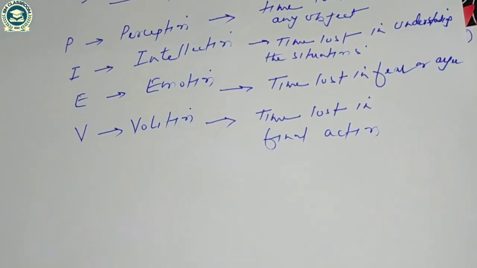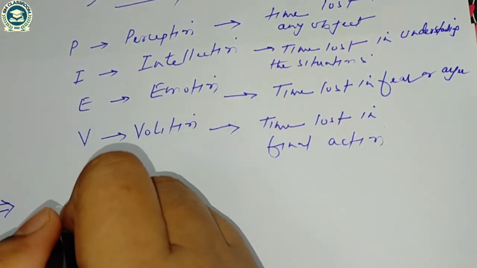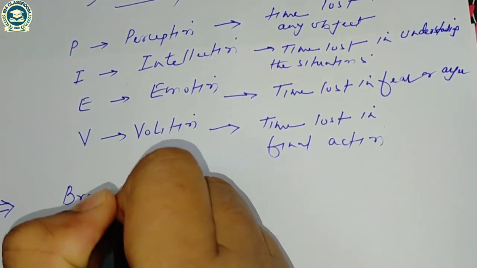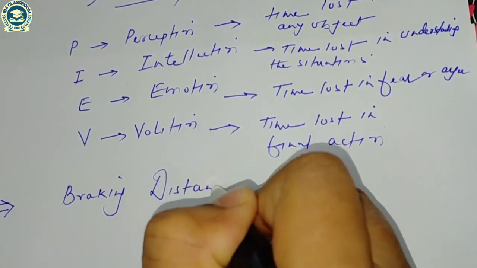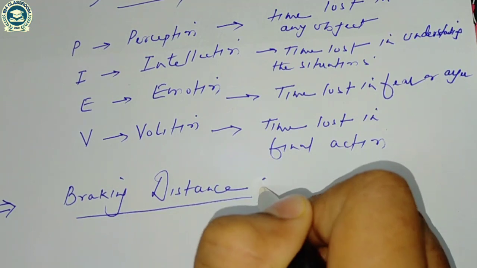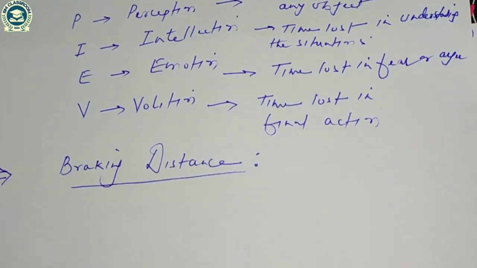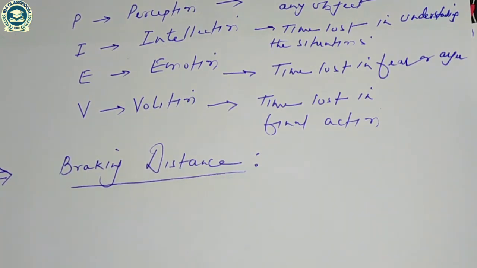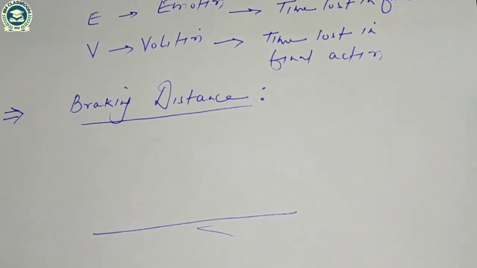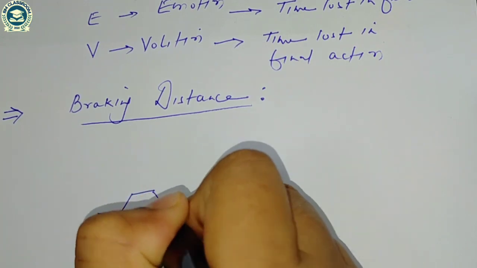So if I compute the braking distance, because the sum of lag distance and braking distance is the stopping sight distance, this is the two vehicle positions, initial and final motion of the vehicle.